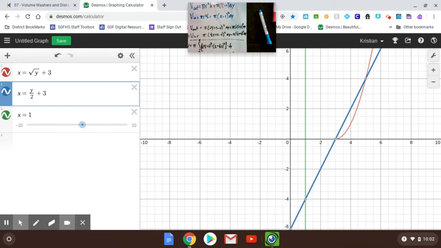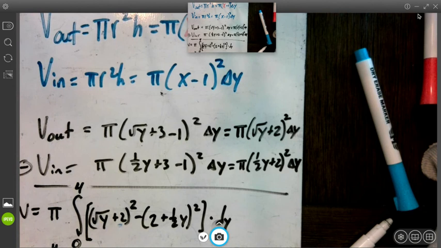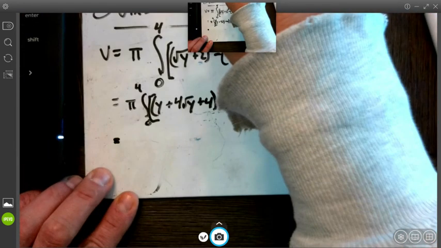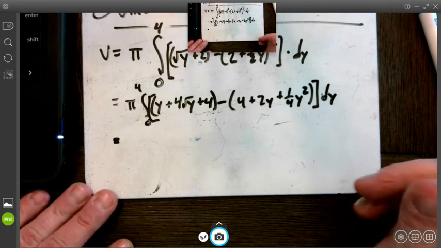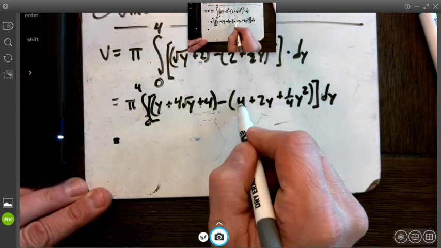So again, I'm going to do a little bit of cleaning here because I'd rather not have all these miscellaneous terms to deal with. Oop, you guys can't see anything. There we go. So here's the gist. Let's see what we can do. I got 4 minus 4, which is 0.